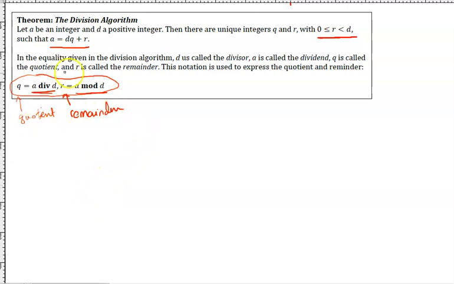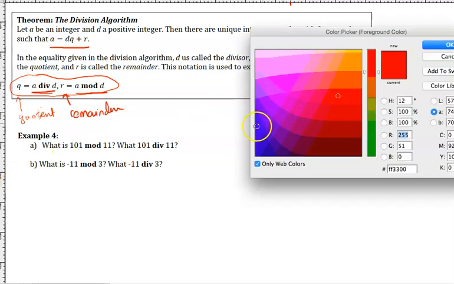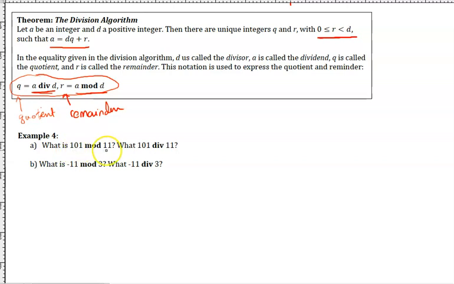All right, so let's look at some examples. In part A here, we want to divide 101 by 11. We want to find 101 mod 11 and 101 div 11.